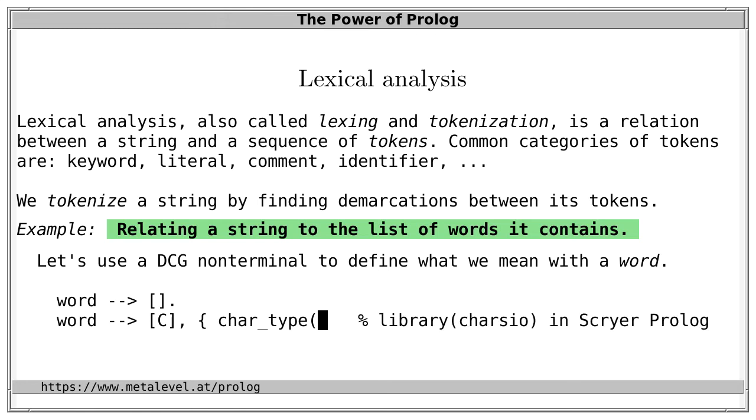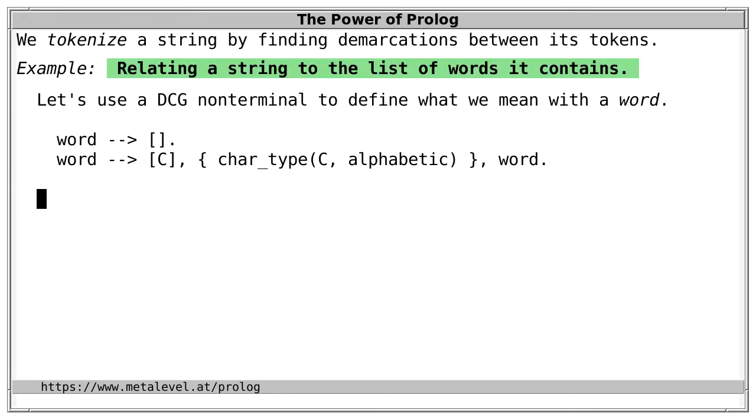So we use char_type from library(charsio) to state this constraint. C must be an alphabetic character. And we use curly brackets because this refers to a Prolog predicate, not a non-terminal. And then a sequence that satisfies our definition of a word. So in other words, a word is a sequence of alphabetic characters.